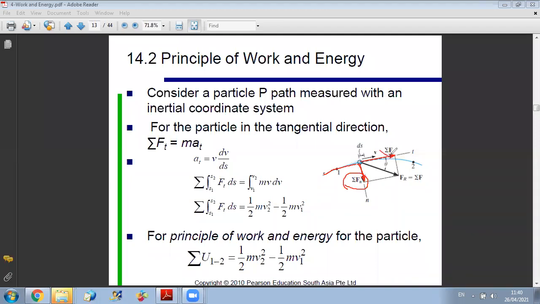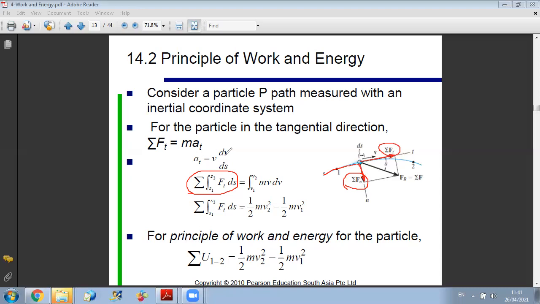So only the tangential forces will perform a work. This is why we can say that the sum of work of external forces is just restricted to the sum of work of tangential forces.